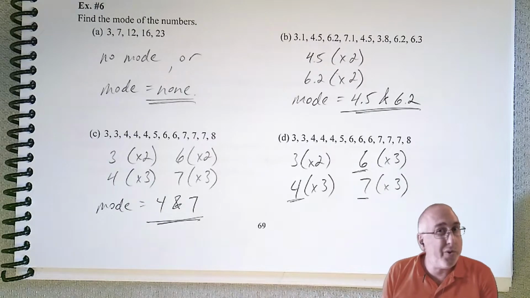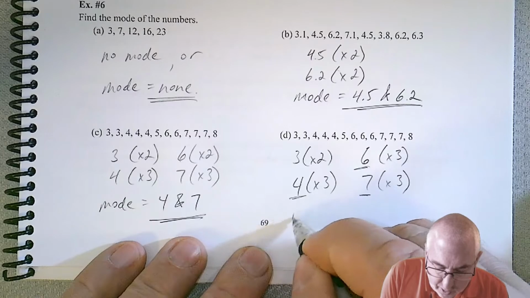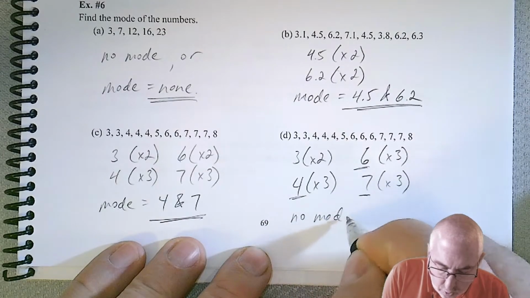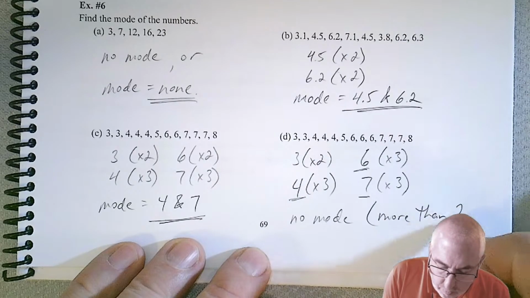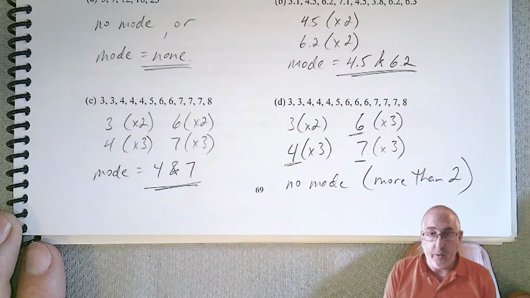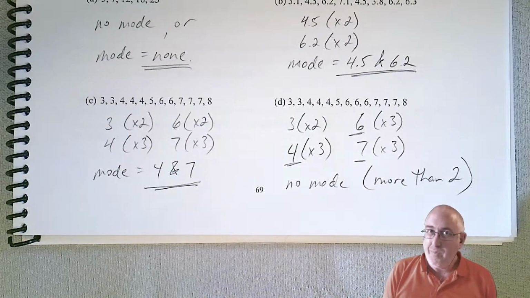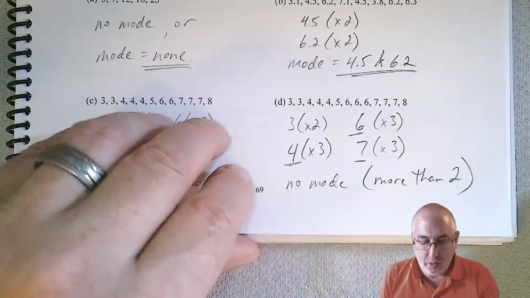If there's more than 2, then they just say there's no mode. So in this case, there's no mode, and that's because there's more than 2 modes. It's funky for sure, but just be careful. 2 modes is the most. That's really what's mostly statistically significant.